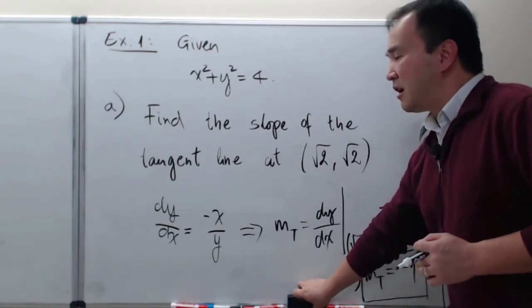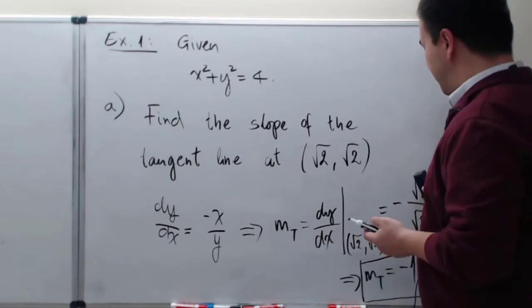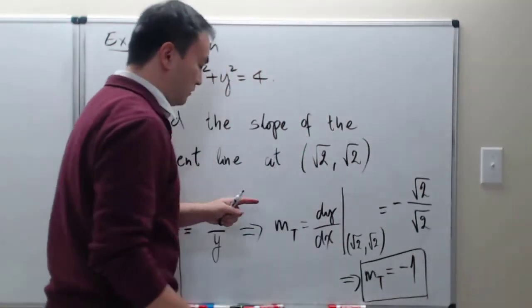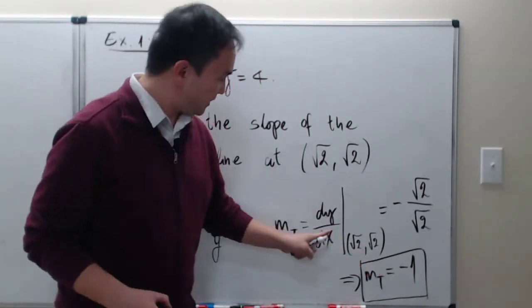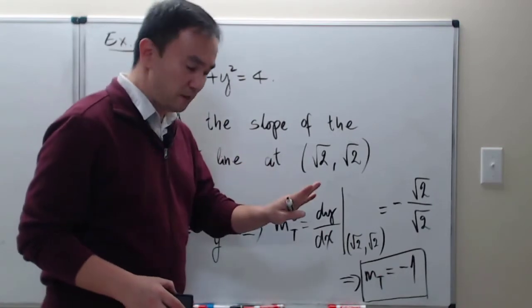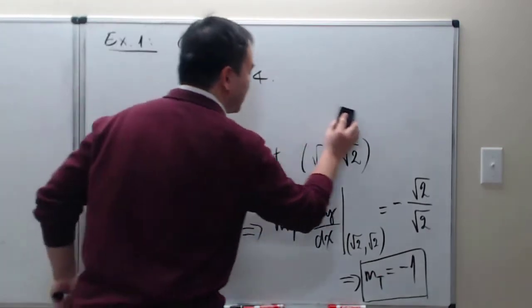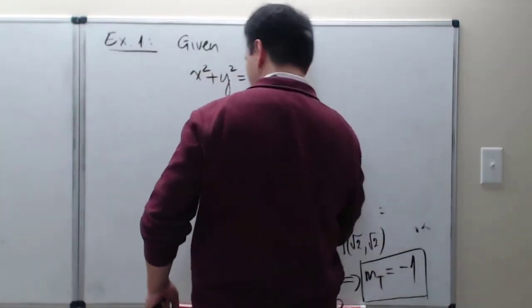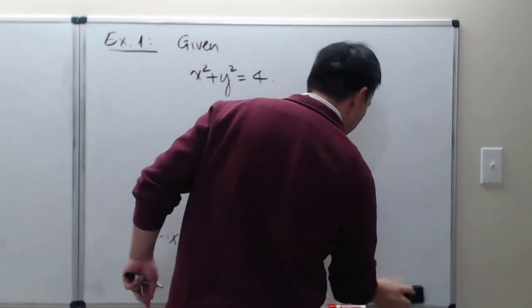But now let's step into part B of the same example. Now that we have found the slope of this tangent line, but it's only the slope so far, let's complete the equation.